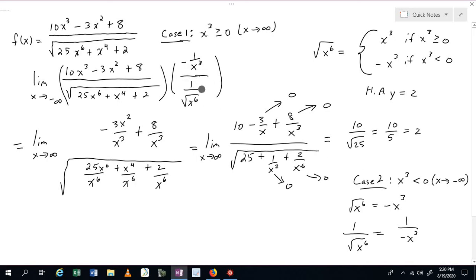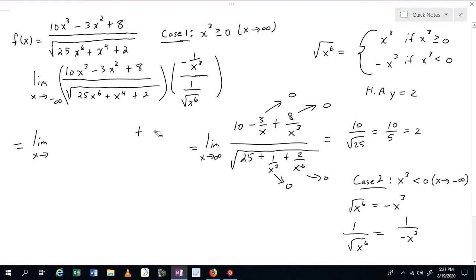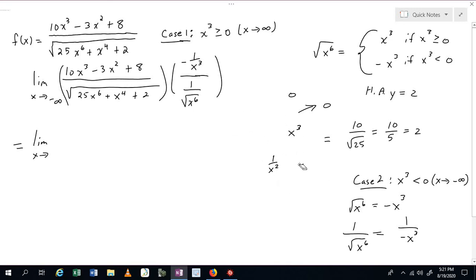And that's because 1 over the square root of x to the sixth is actually 1 over negative x cubed in this case. Okay, so having said that, now let's go back and find the limit as x goes to negative infinity in this case.